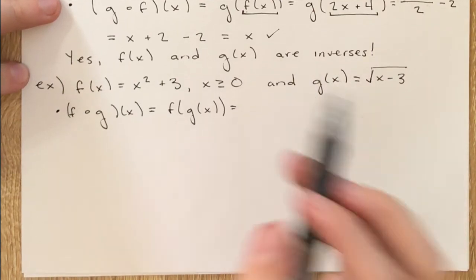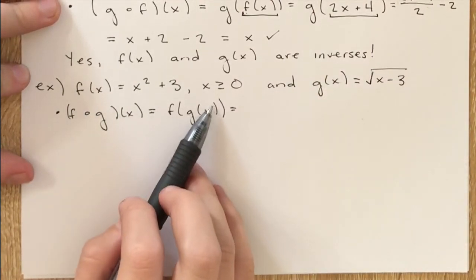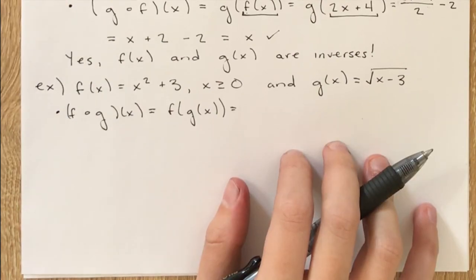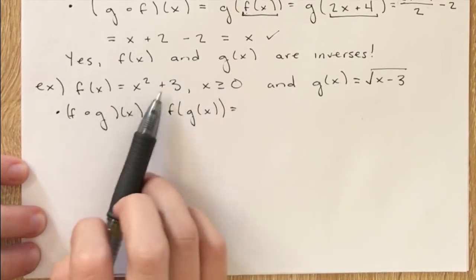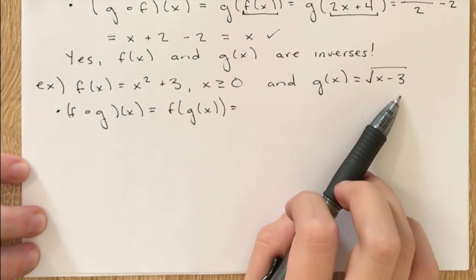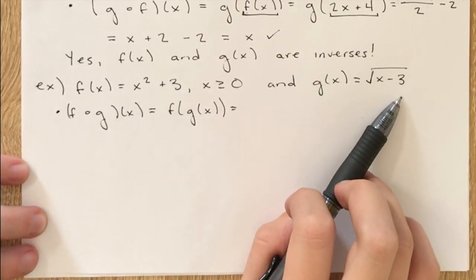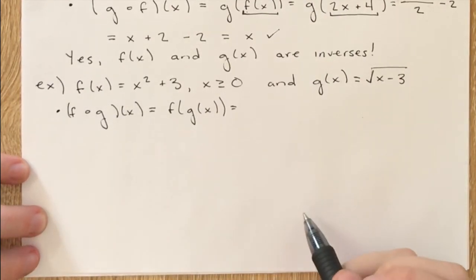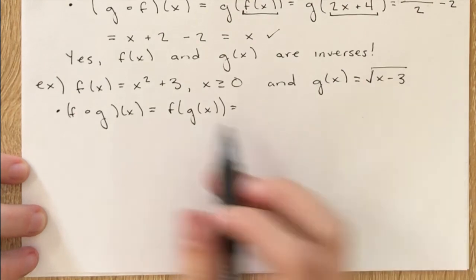Okay, so again, before we start, we want to check and see if these are one-to-one. Well, they're both definitely functions, right? We have a polynomial, quadratic, right? That's a function, and we have a radical function, which is a function. But are they one-to-one? Well, let's think about it.